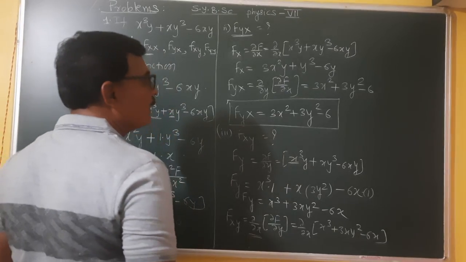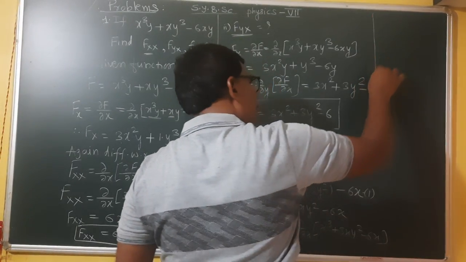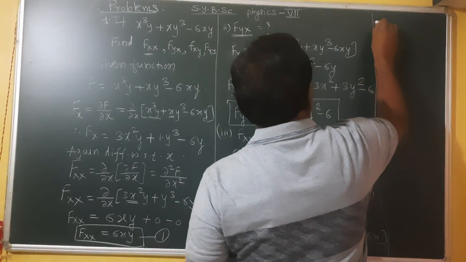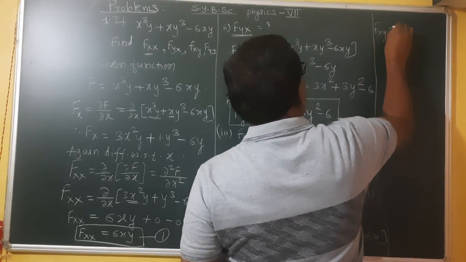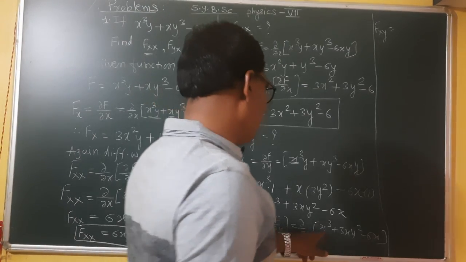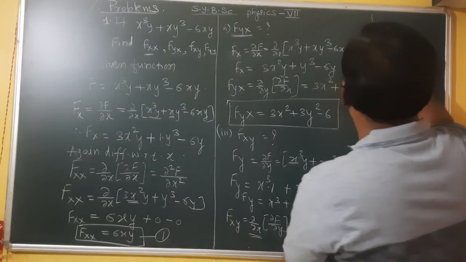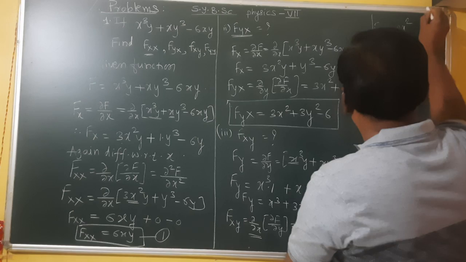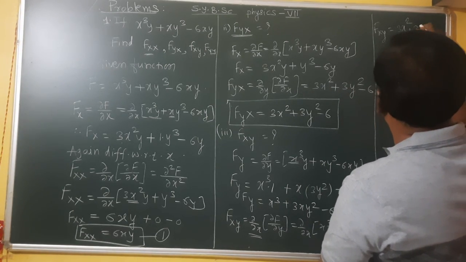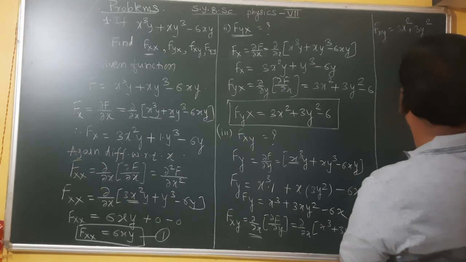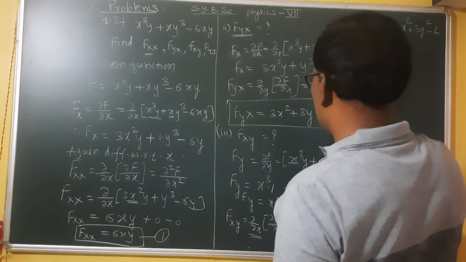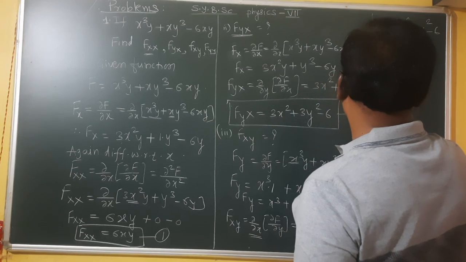Finally we get fxy is equal to, with respect to x, 3x square, x is 1, plus 3y square minus 6, and this is equation number 2.